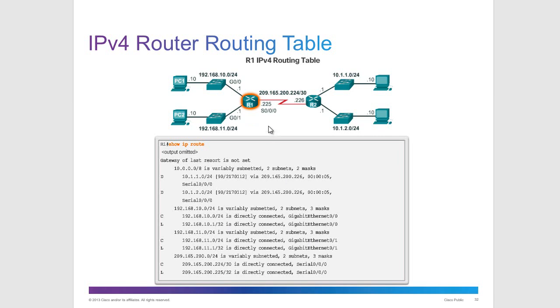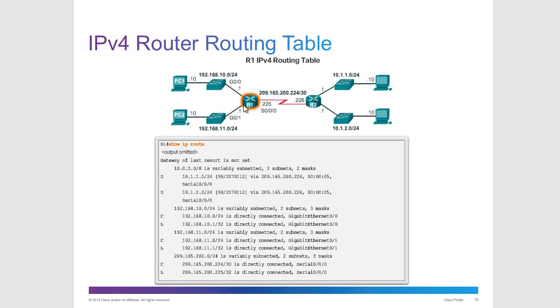Also, for the dynamically learned networks, you have a slightly different situation. For this EIGRP entry, for instance, how do you know about this 10.1.1.0 network? It's not directly connected to you. It's actually over here.